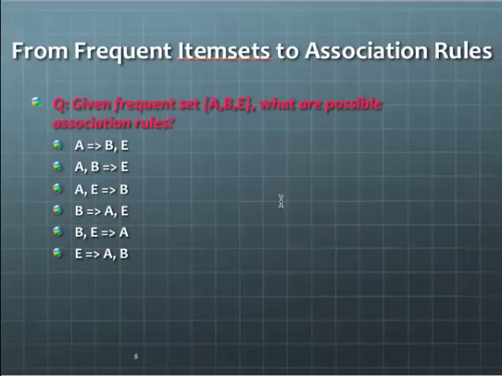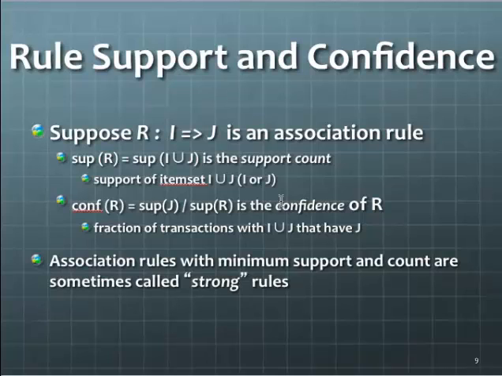So how can we measure the quality of the association rules? We need to use another parameter to do this measurement. This is the next parameter that we usually use in association rules. It is called the confidence.